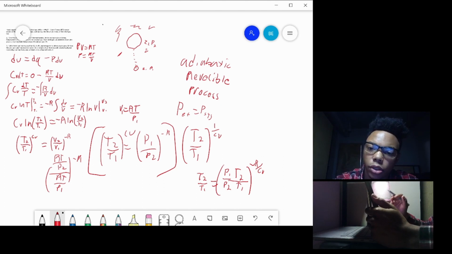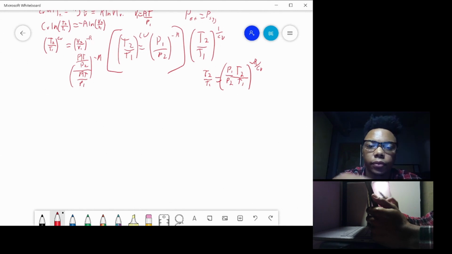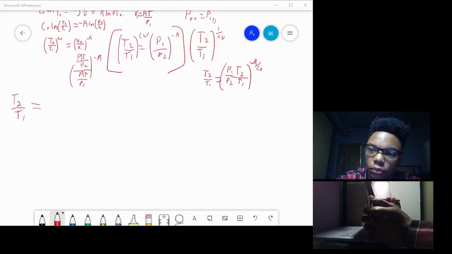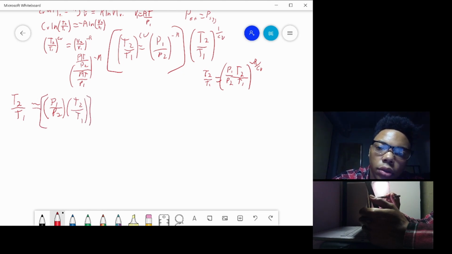So what we're going to do is take this, just move it up there, and rewrite our equation so that we have T2 over T1 equals P1, pressure 1, over pressure 2 times temperature 2 over temperature 1, all to the negative R over CV.